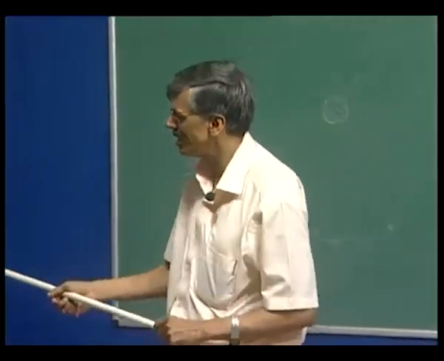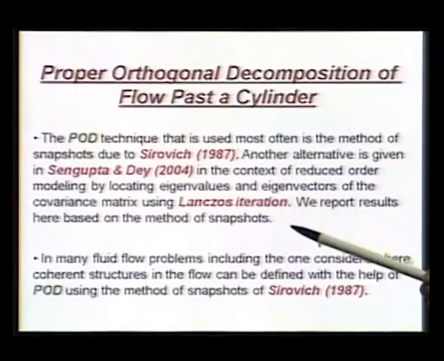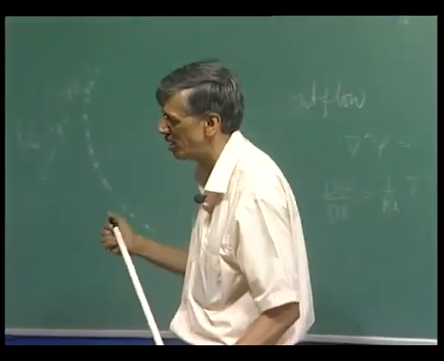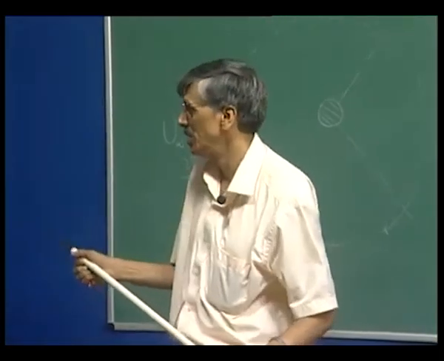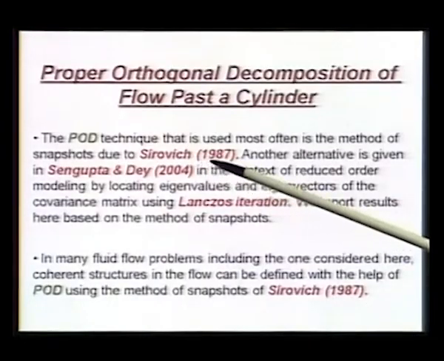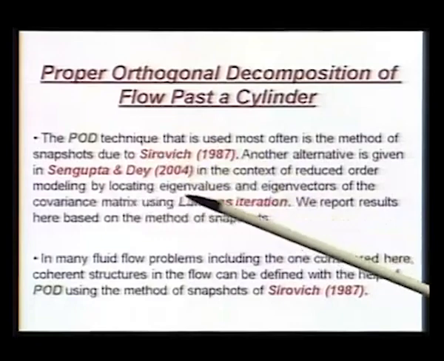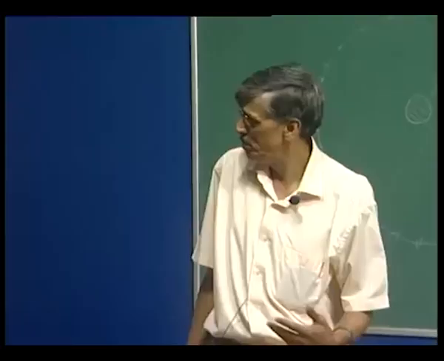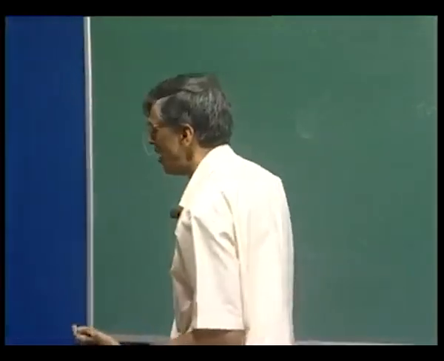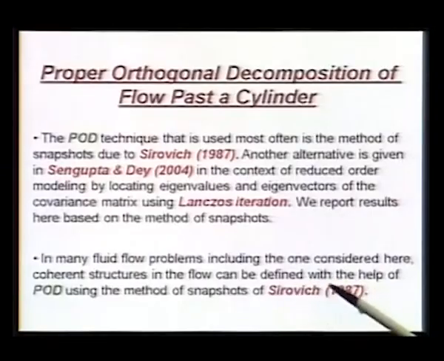But still, that is much better than what we had before. We will talk in more detail about the method of snapshots and how to interpret the data, but this was a remarkable achievement by which the whole subject of POD technique got a boost and was revived. That is all due to Sirovich.